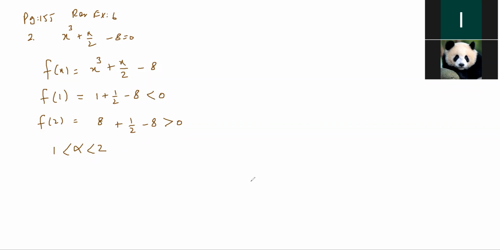Okay. And then it says show that if a sequence of values given by this iterative formula, now the iterative formula is x raised to power n plus 1, that is square root of 8 over x n minus half, converges, then it converges to alpha.